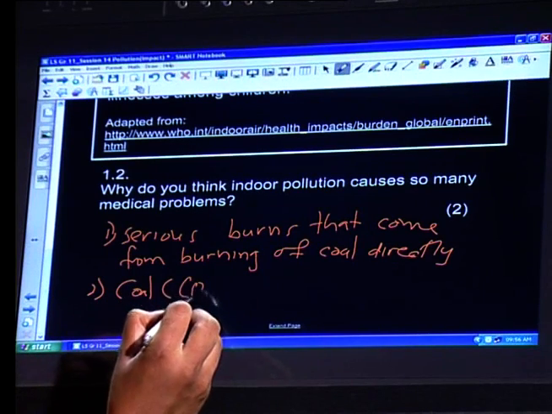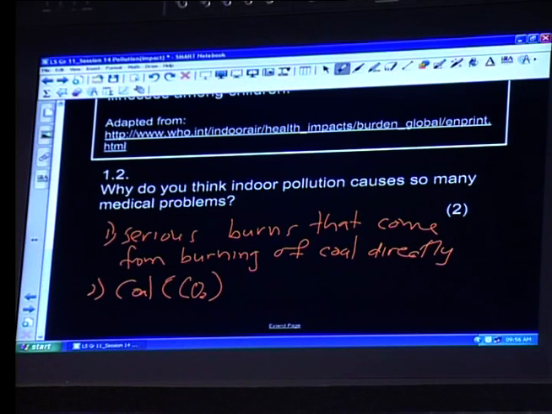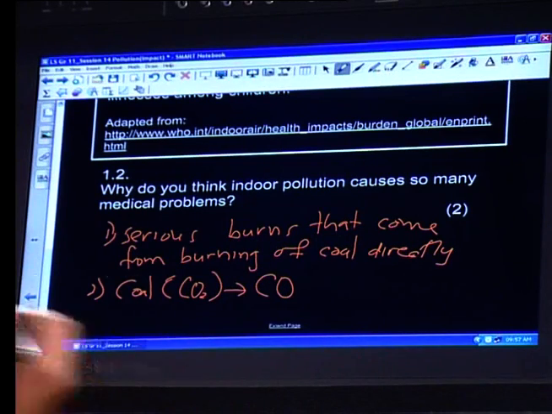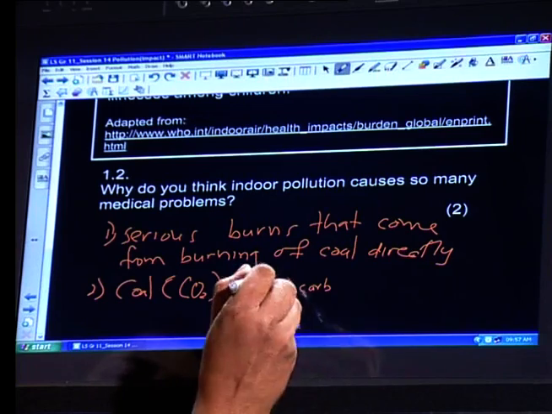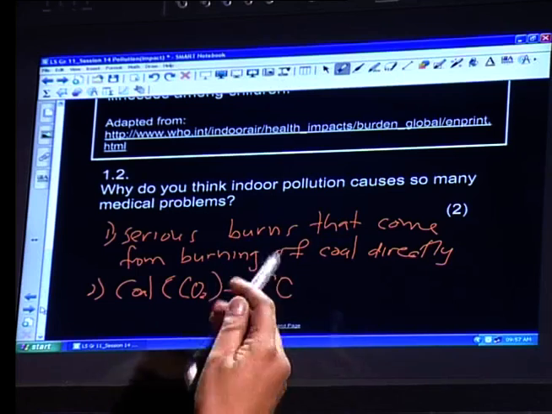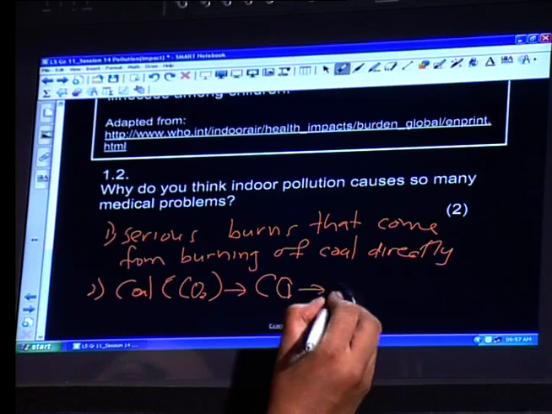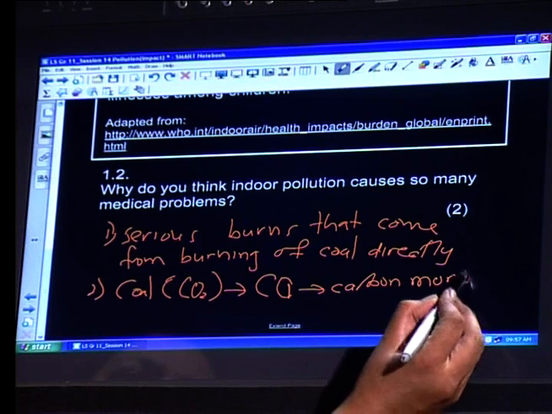When you're burning it in a place where there is a limited amount of oxygen, this coal is burnt to release a gas called carbon monoxide, which is one C and one oxygen atom. So burning coal in an enclosed room releases not carbon dioxide, but carbon monoxide.